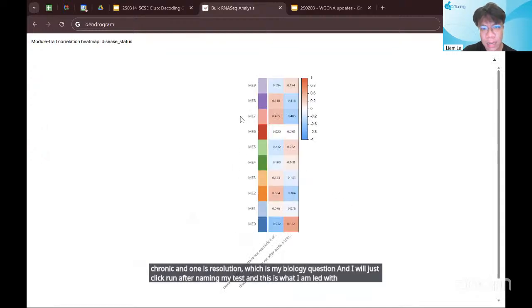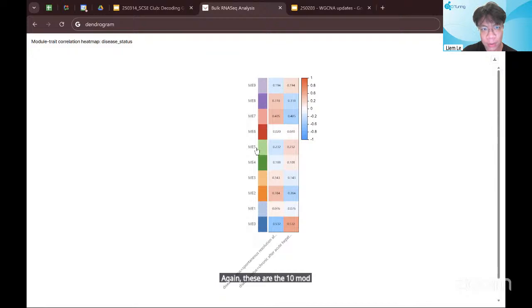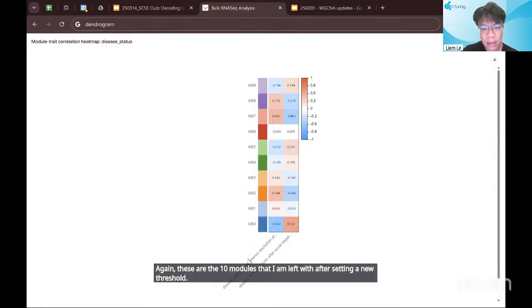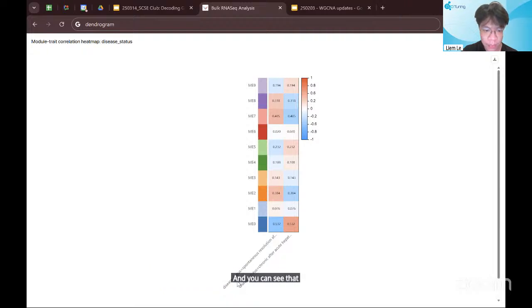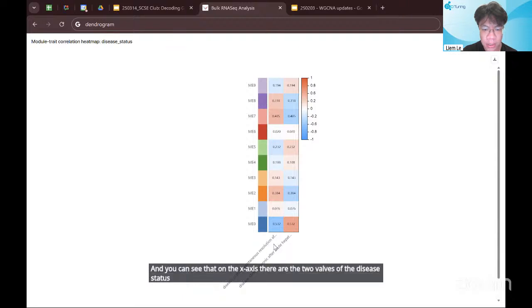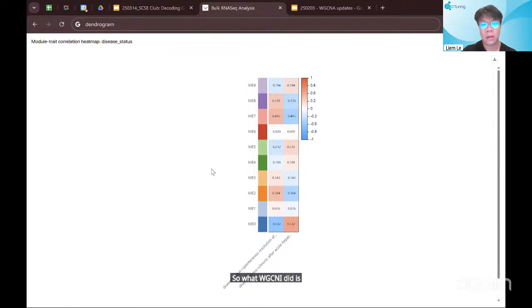Again, these are the 10 modules that I am left with after setting a new threshold. And you can see that on the x-axis, there are the two values of the disease status, the spontaneous resolution and the chronic state. So what WGCNA did is it calculated the correlation of these modules with the trait that I have selected.